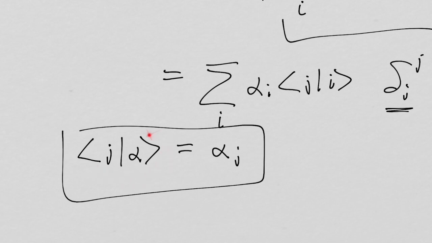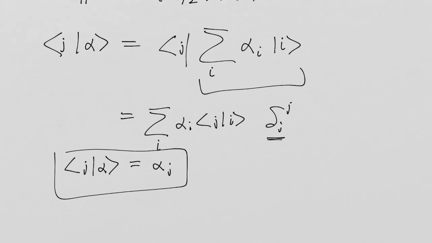But we have to now understand that this is the jth component of the vector alpha in this basis, right? The basis given by j equals 1, 2, 3, or 4. So it turns out that's going to ultimately be our connection between all of this and wave mechanics.